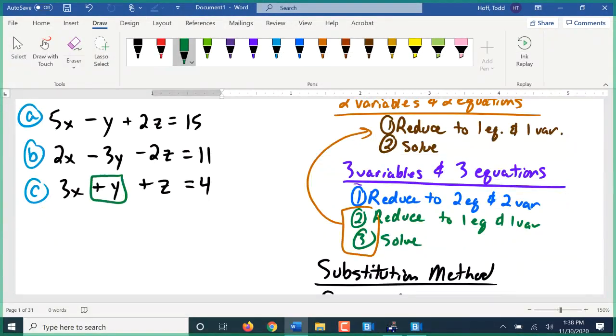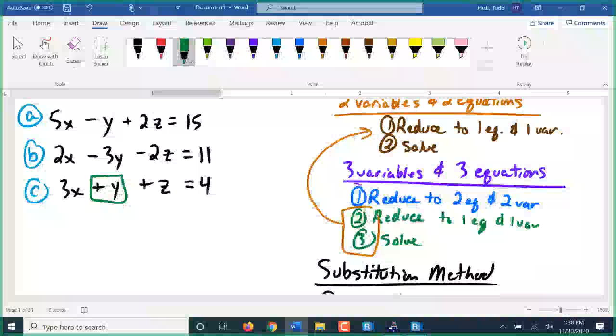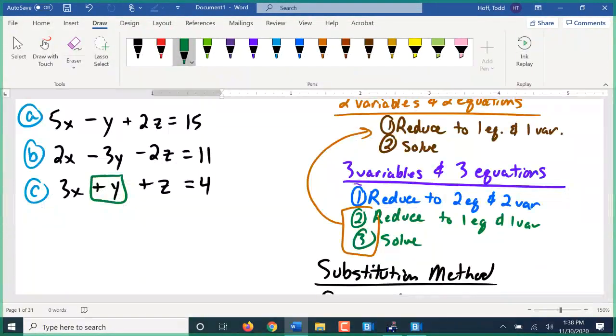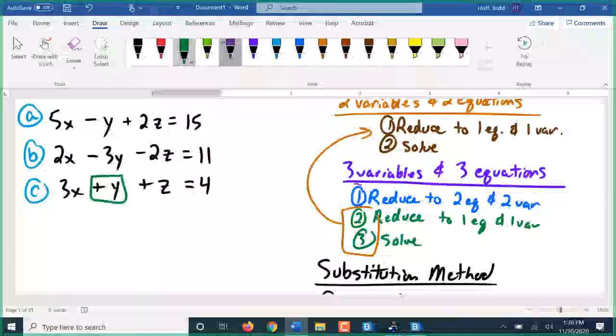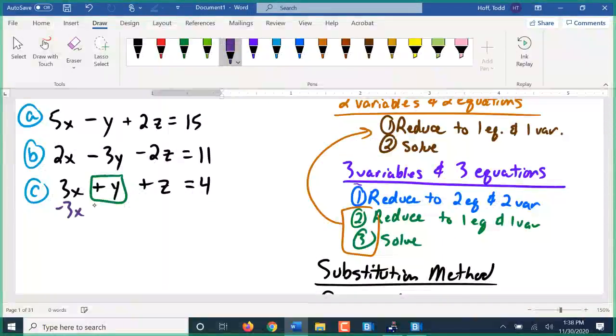Now I'm going to combine some steps here. We're going to do it a little bit rapid because I feel like you guys can handle it at this point. We've done enough of this. I am going to subtract 3x from both sides, and I am also going to subtract the z from both sides. So on the left side, the 3x is canceled out. I still have the y.